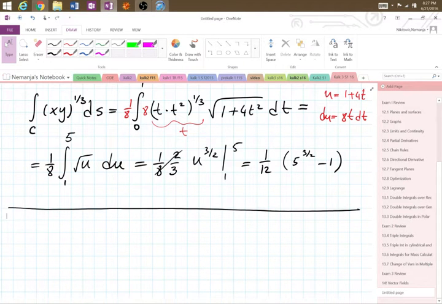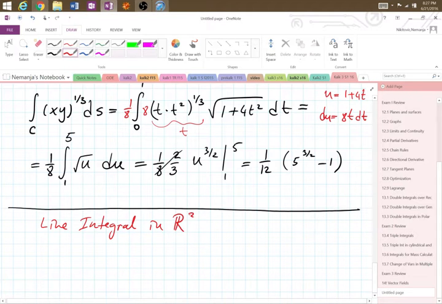So let's take a look at the 3D version. So line integral in 3D. Line integral in R3.